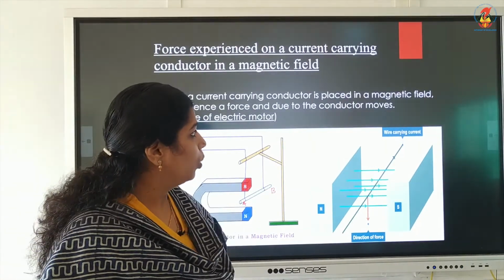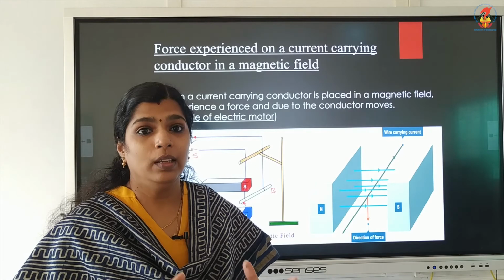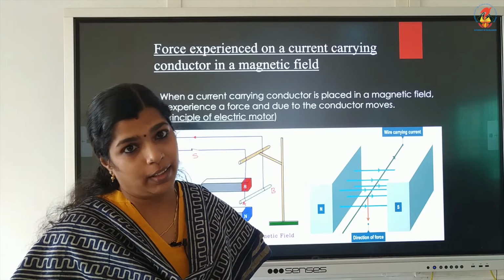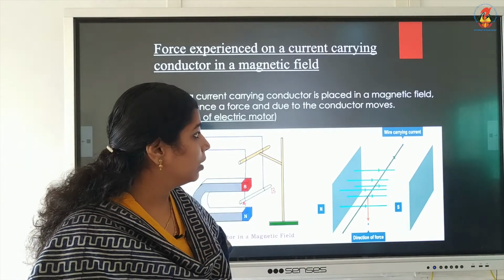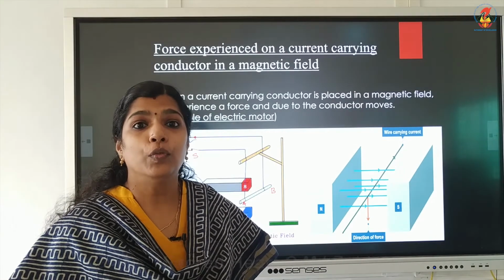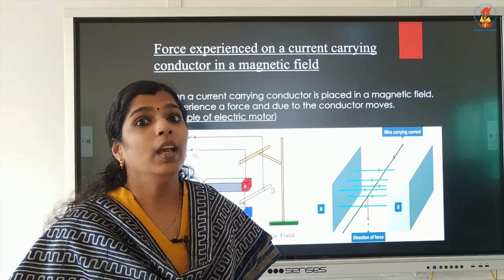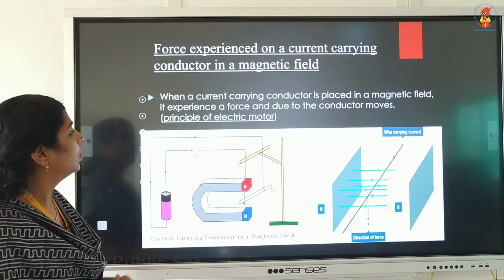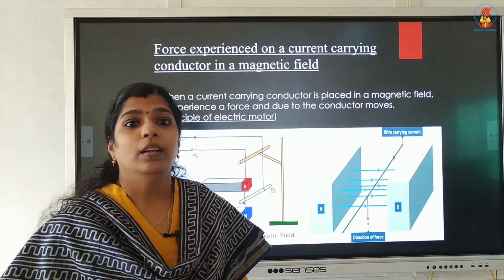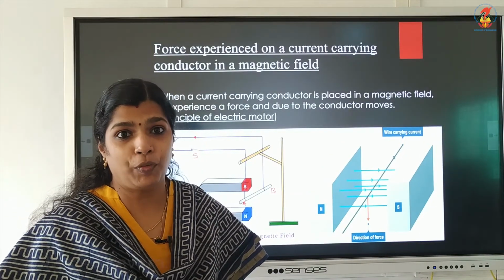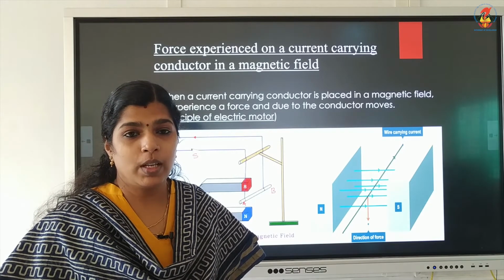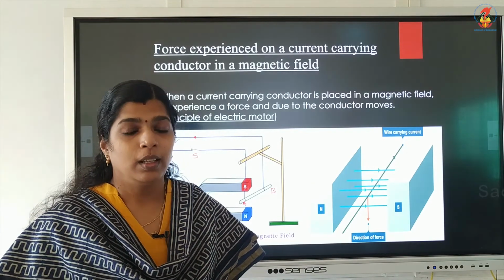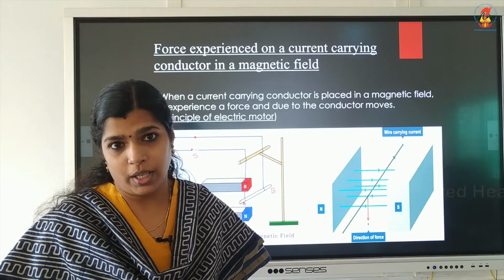Now, what are the factors that affect the force experienced by a current carrying conductor? First one: if you increase the current through the conductor, then the amount of magnetic field also increases.